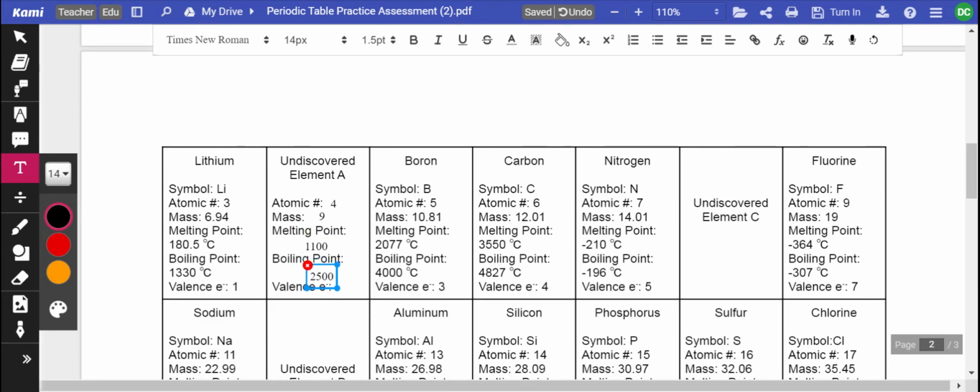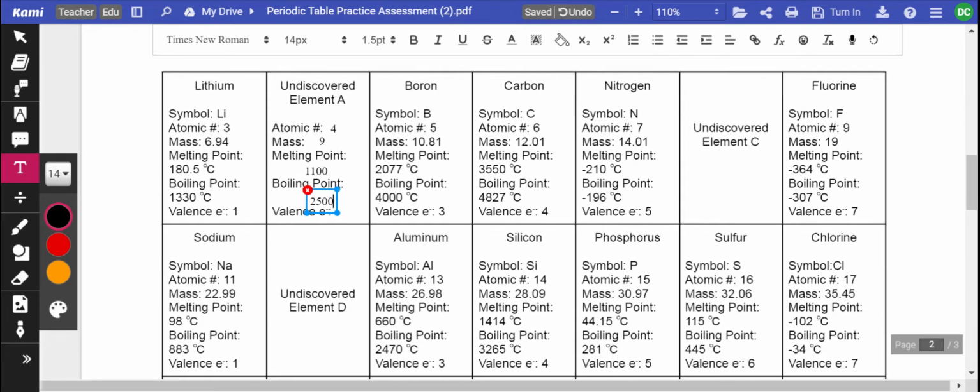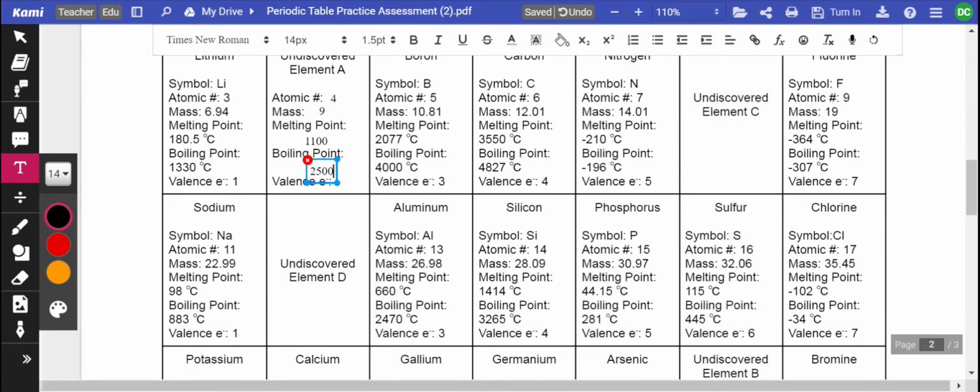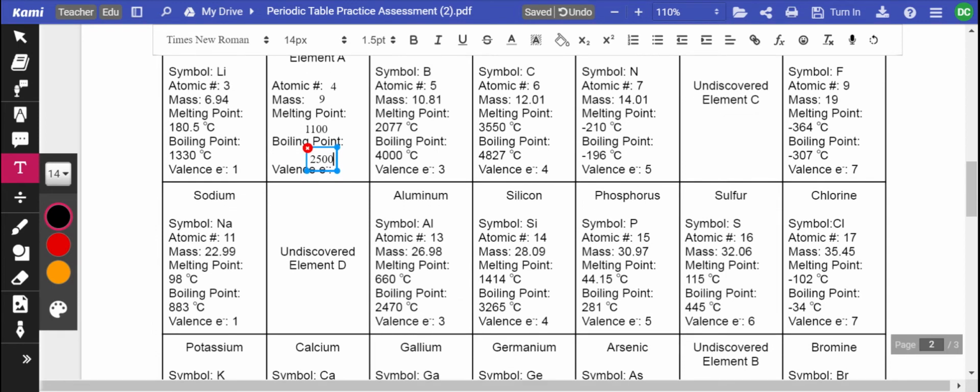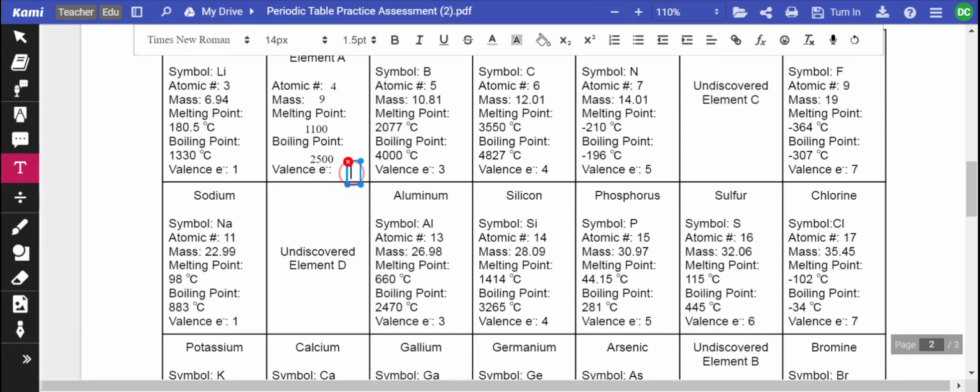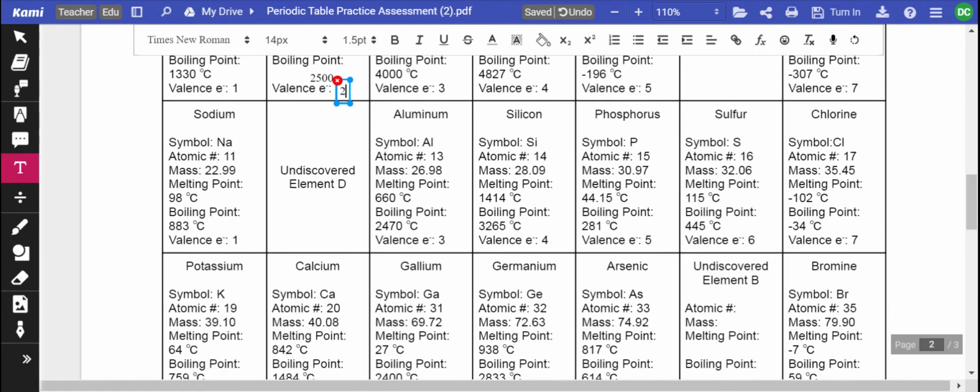Now again, the valence electrons, we've got a very easily identifiable pattern, right? In the first column, all the elements have a valence electron of 1, and in the third column, it's 3. So undiscovered element A would have 2 valence electrons. And we've completed undiscovered element A.